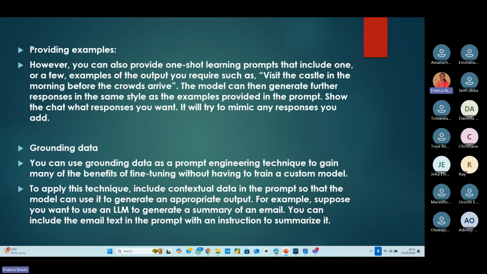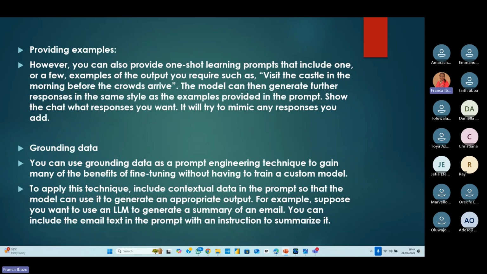To apply this technique, include contextual data in the prompts so that the model can use it to generate an appropriate output. For example, suppose you want to use an LLM to generate a summary of an email.